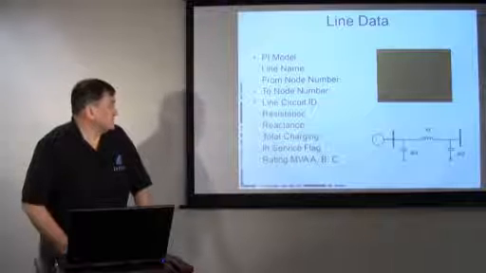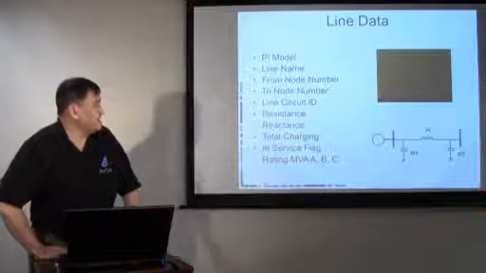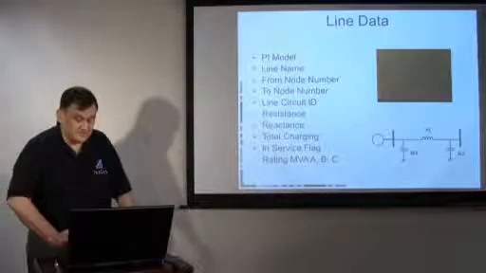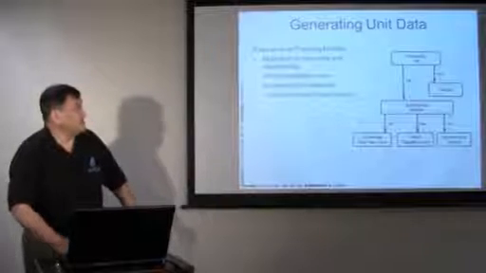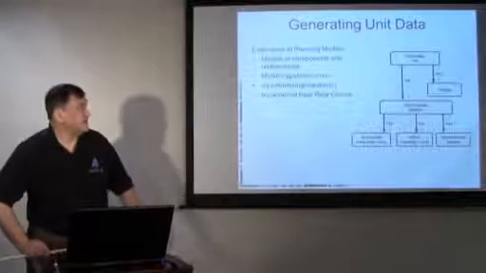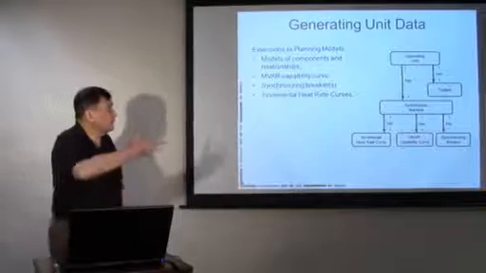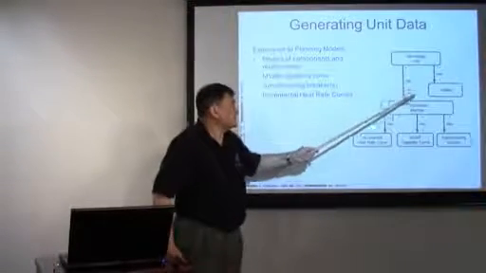We have line data. The line data is very similar to what we talked about for the planning models. Basically a pi equivalent for a transmission line. Not too much difference there. The generating unit data is quite a lot more complicated. Instead of just having in operations, we have to say that a generator model has a synchronous machine.